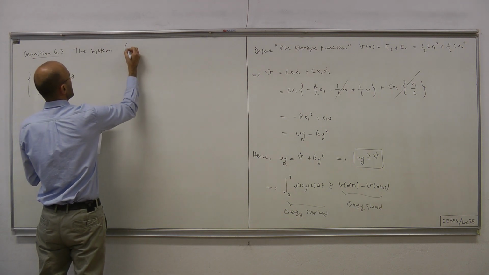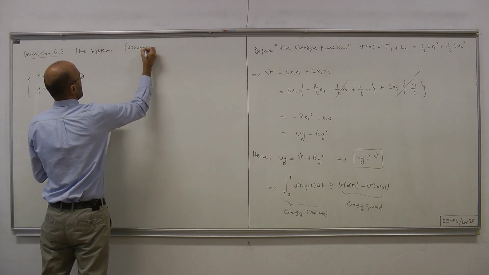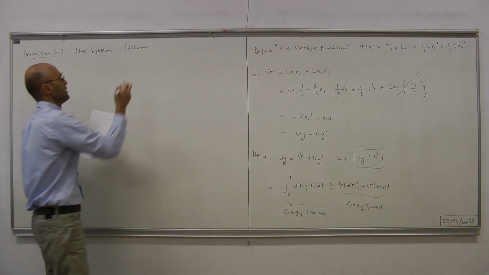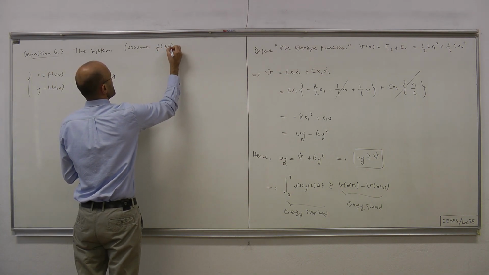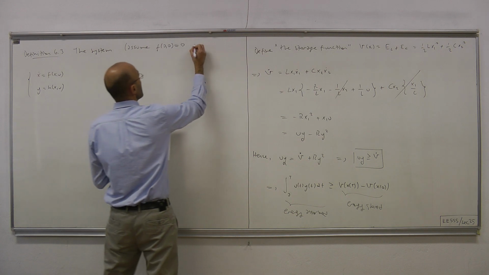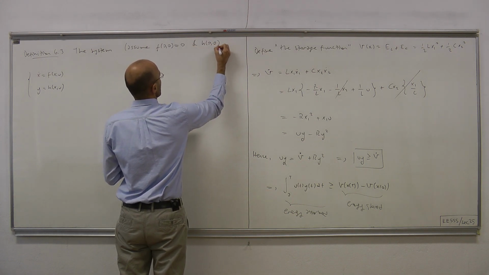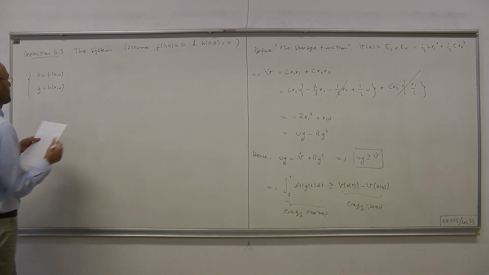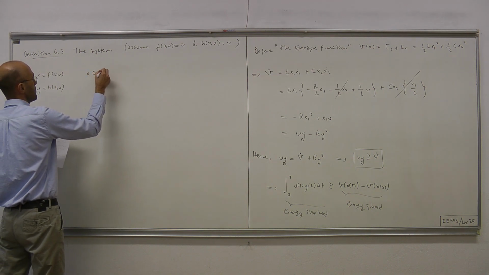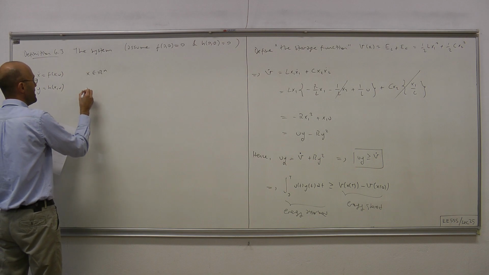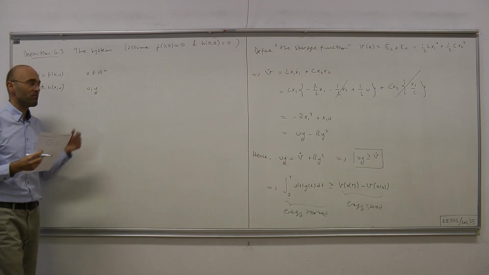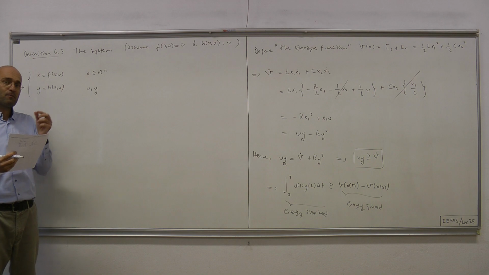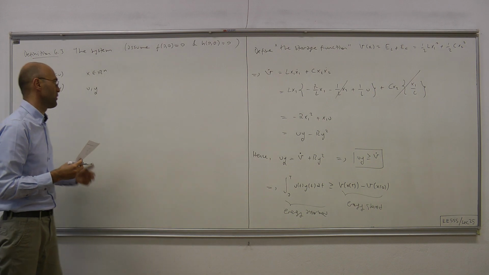And we're assuming throughout that f(0,0) equals 0 and h(0,0) equals 0. Okay. Now this system with x in R^n and u and y, input and output, both of the same dimension.